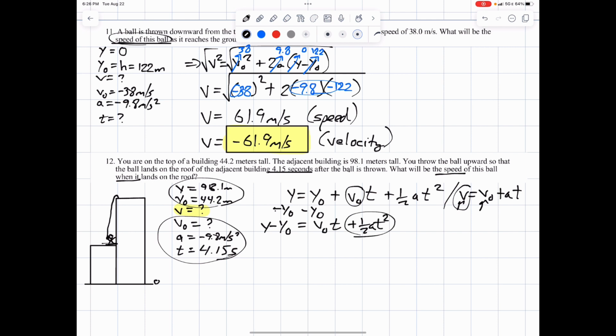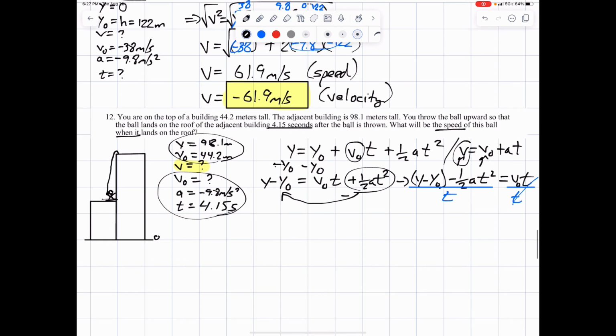So I'm going to take this 1/2 at squared and subtract it over here, and I get quantity y minus y naught minus 1/2 at squared, and that's going to be equal to v naught times t. The last thing I could do is divide all of that by t, and I'll have v naught by itself.